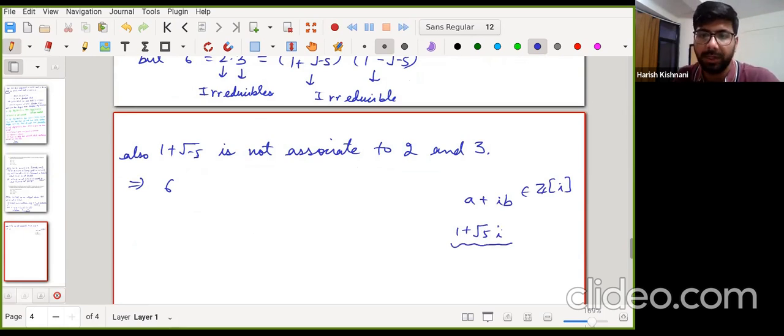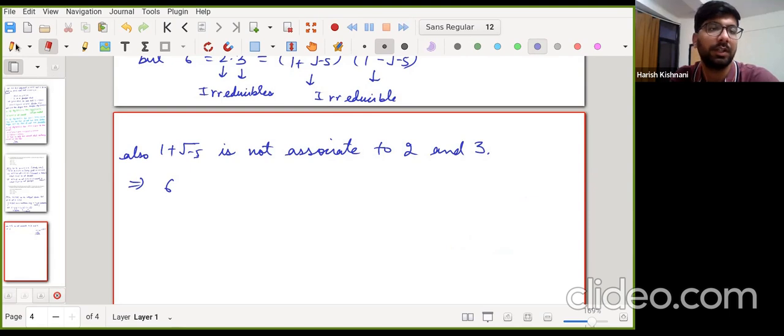So this root 5 is not going to play much role. Only this i you have to remove, and for that you need to take the square, and then things will get managed easily. So by the same argument, you can say that 2 is not associated to 1 plus root of -5, and the same for 3.